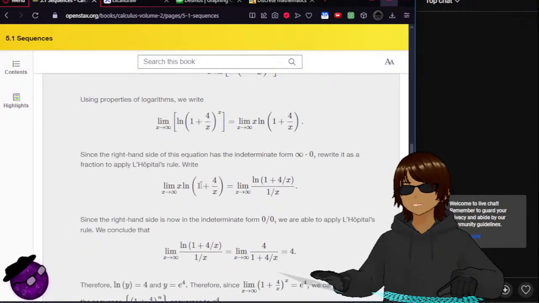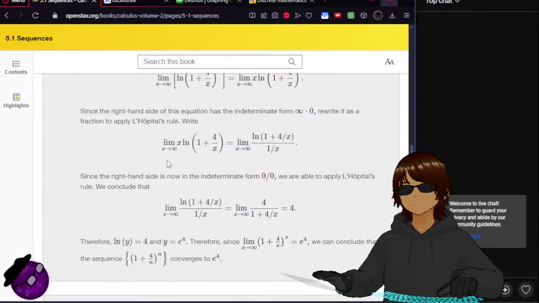Okay, let me see what they did here. L'Hopital's rule. Hold on.